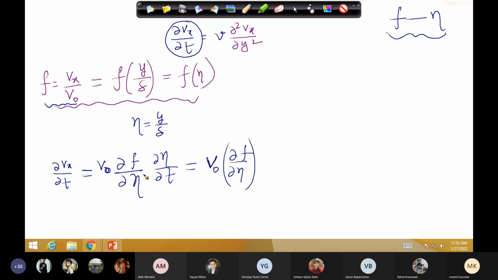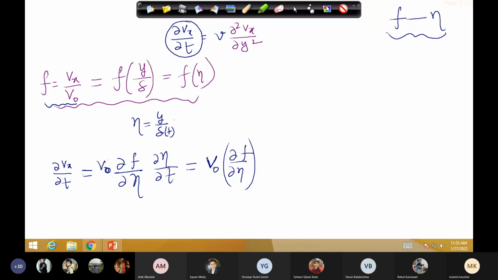What is dou eta by dou t? Partial derivative of eta with respect to t. In this eta, which is made of y and delta, which one is a function of time? Delta, very good, because it is growing with time.